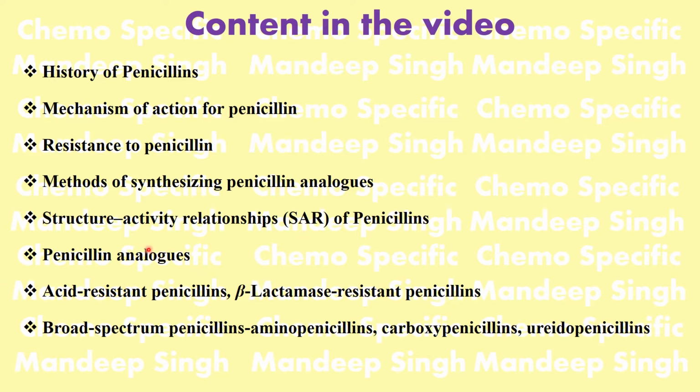And then we are going to look at the various analogues of penicillin, acid resistant penicillin and beta-lactamase-resistant penicillin. And then we are also going to talk about the broad spectrum penicillins, more specifically aminopenicillins, carboxypenicillins and ureidopenicillins. So let's start the video and first of all discuss the brief history of penicillin.